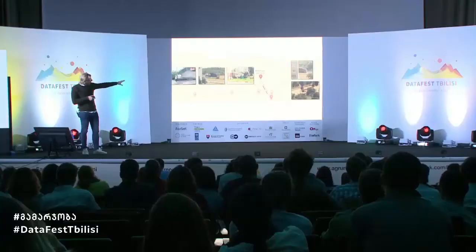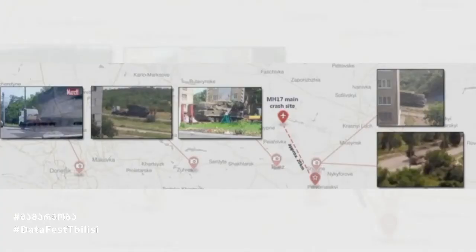In this way, we were able to map how a Buk missile launcher was transported through separatist-held Ukraine before MH17 was shot down. And after MH17 was shot down, we saw it traveling back to the Russian border with one missile missing.